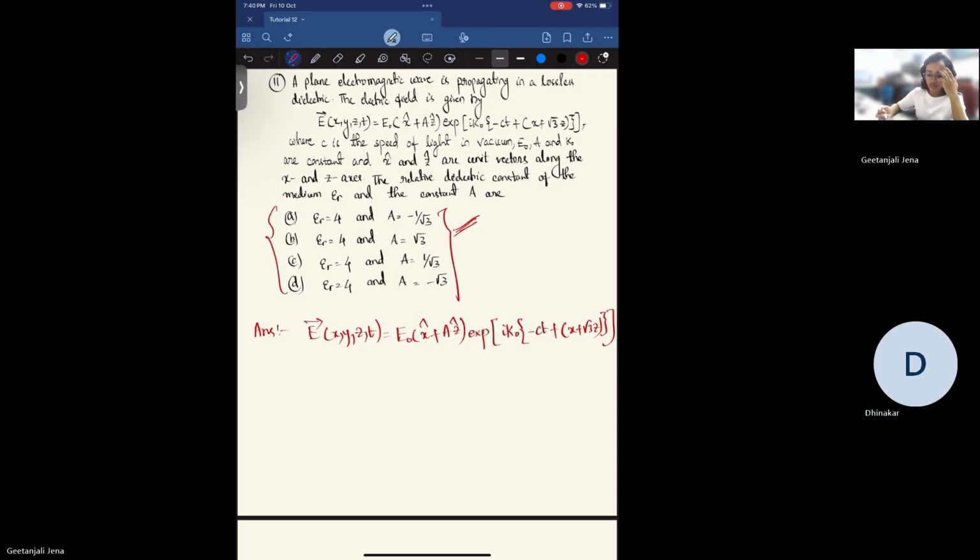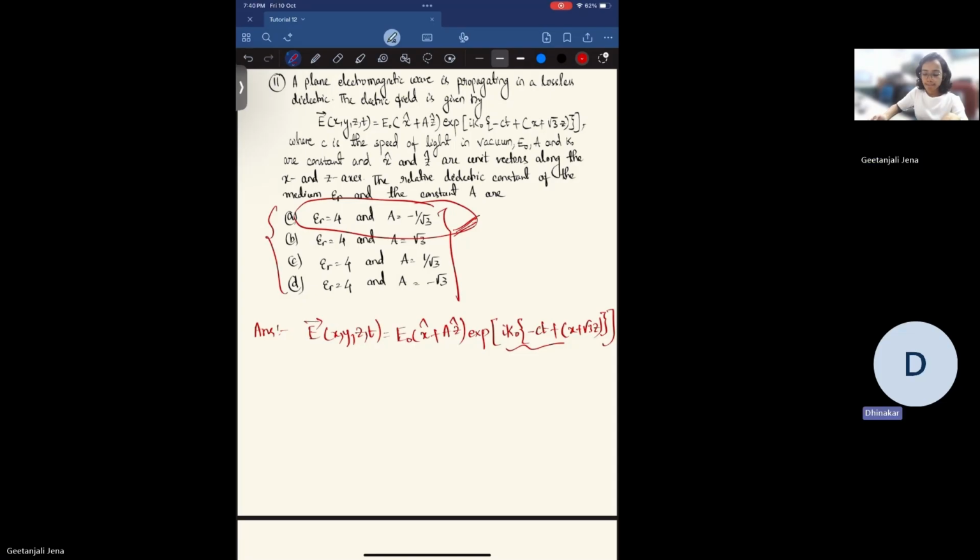Yes, you got what the question is asking. K dot E should be 0, so first you need to find K, then take the dot product. So your answer is correct. Good.